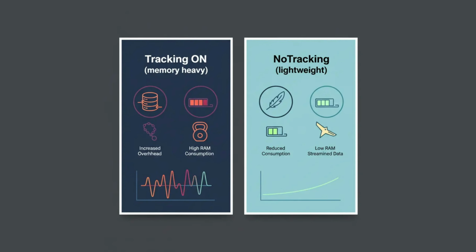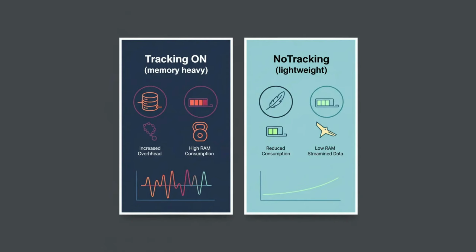Tracking versus no tracking. Tracking is one of the most important Entity Framework concepts. When Entity Framework tracks entities, it keeps them in memory so it can detect changes and generate update statements later. That's useful for write operations, but unnecessary for read-only endpoints.